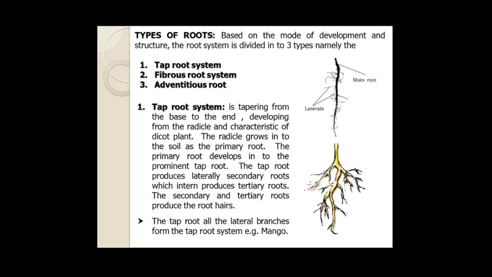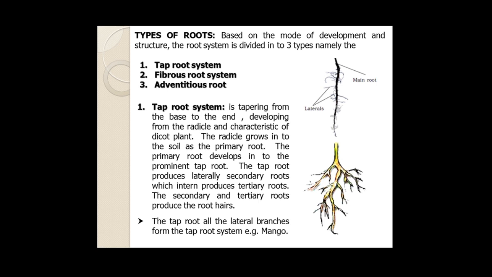Usually we observe the roots are basically divided into three types. One is taproot system, second one is fibrous root system, third one is adventitious root system. So let us see one by one.